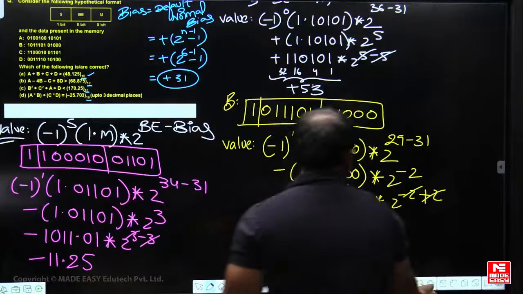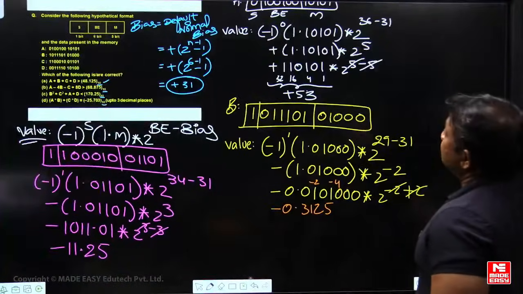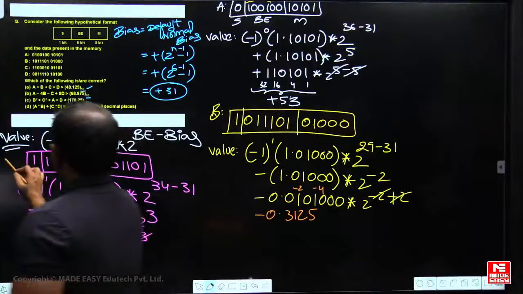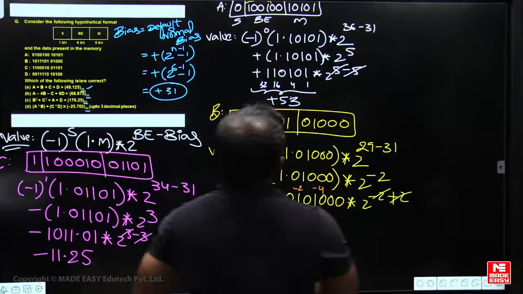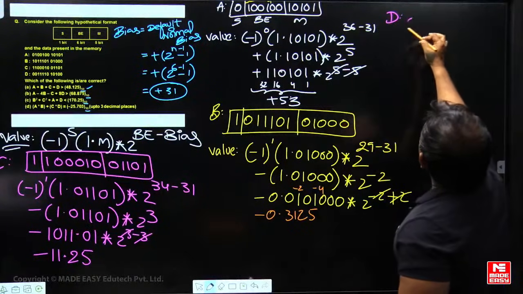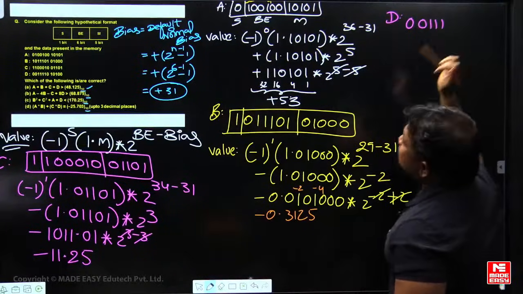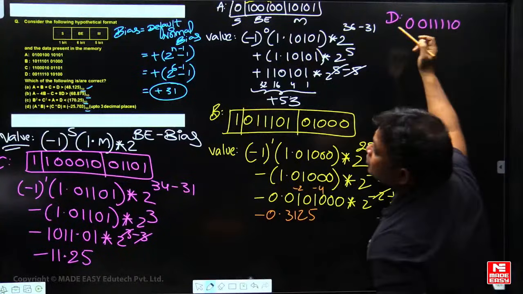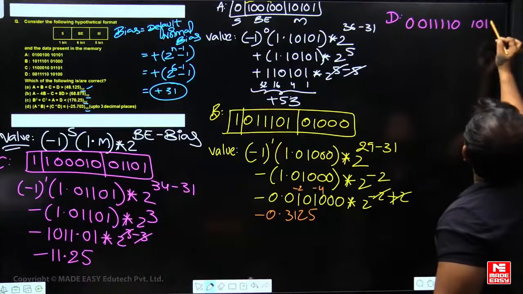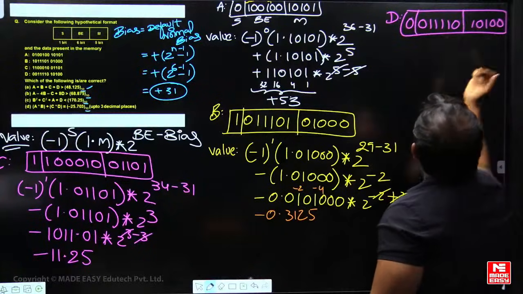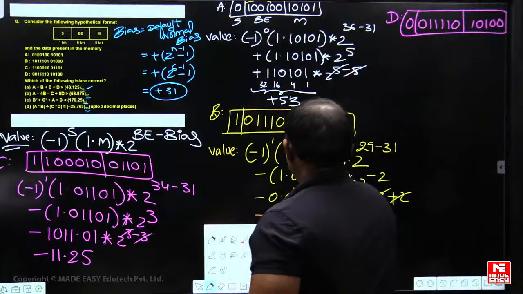Right. Now similarly, find the D value. D value is 0 0 1 1 1 1 0. Now what is the value?